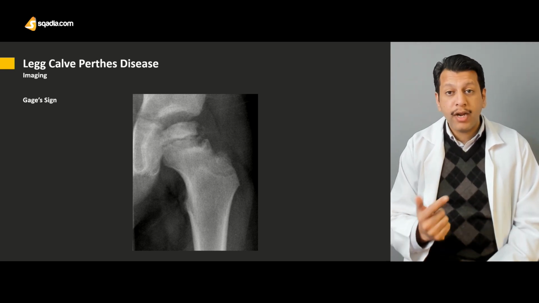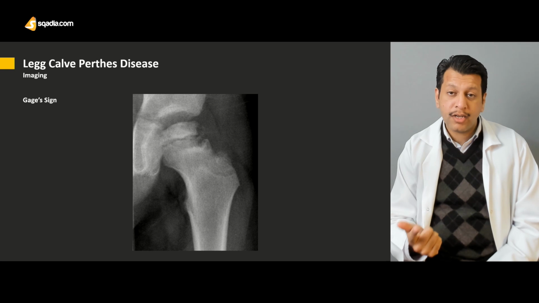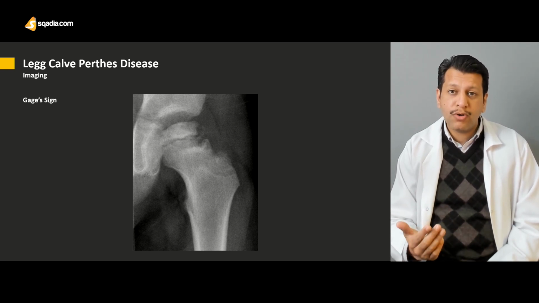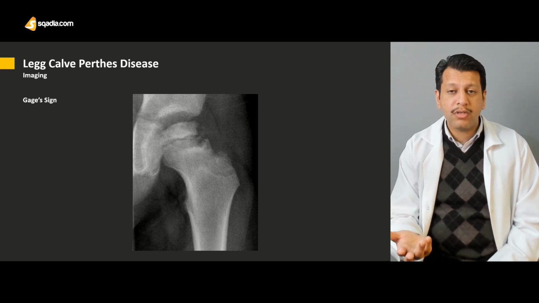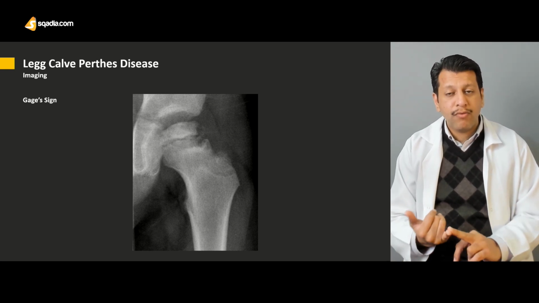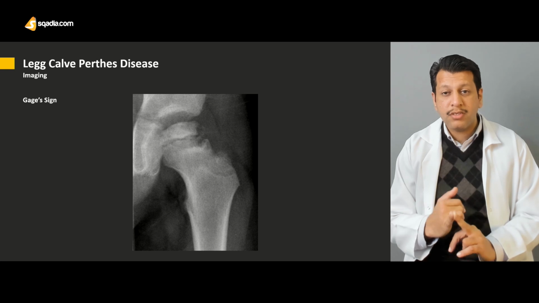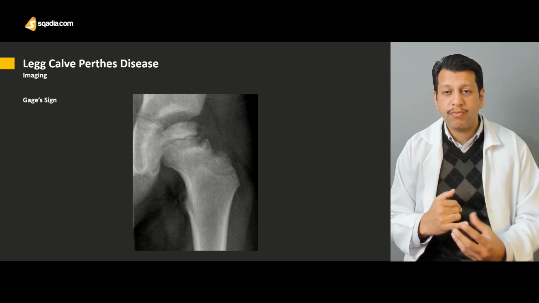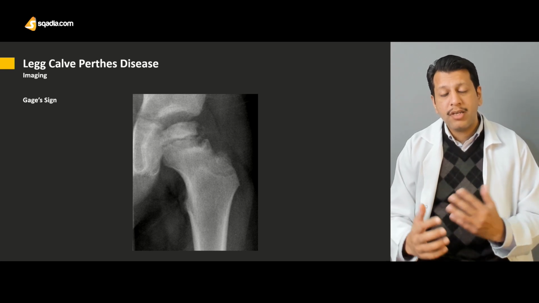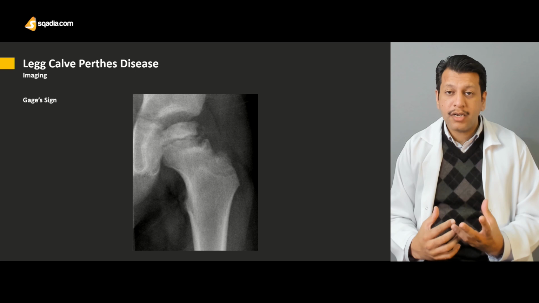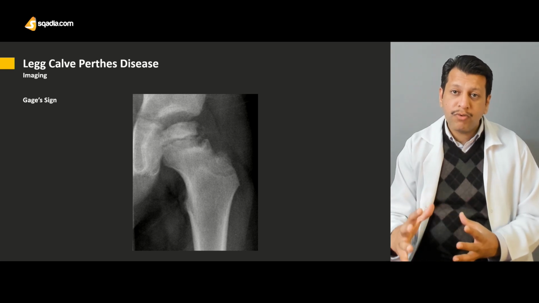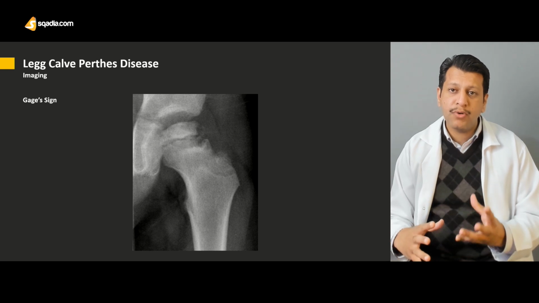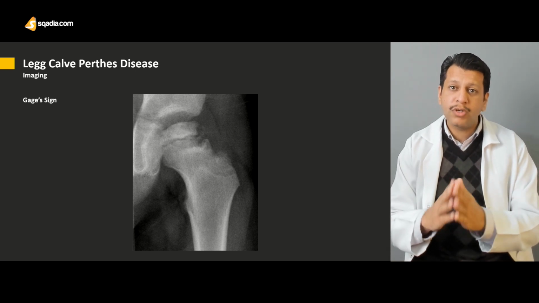But you have to get other things as well, like we got our MRI done. Why did we want an MRI? Because if it was not LCPD, it could have been acute transient synovitis of the hip joint. We would have noticed changes in the head of the femur, and there could have been associated synovial hypertrophy as well. The other thing in our mind was septic arthritis of the hip. If the MRI and hematological workup had been abnormal, we would have been thinking towards septic arthritis.